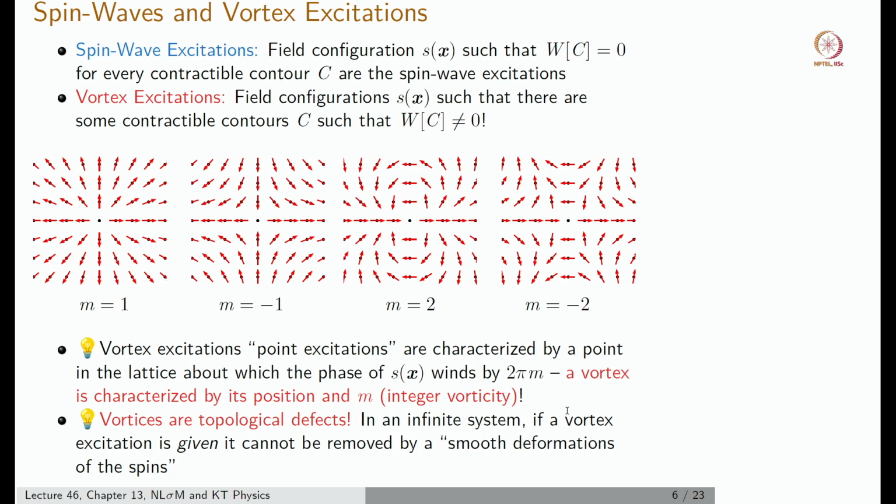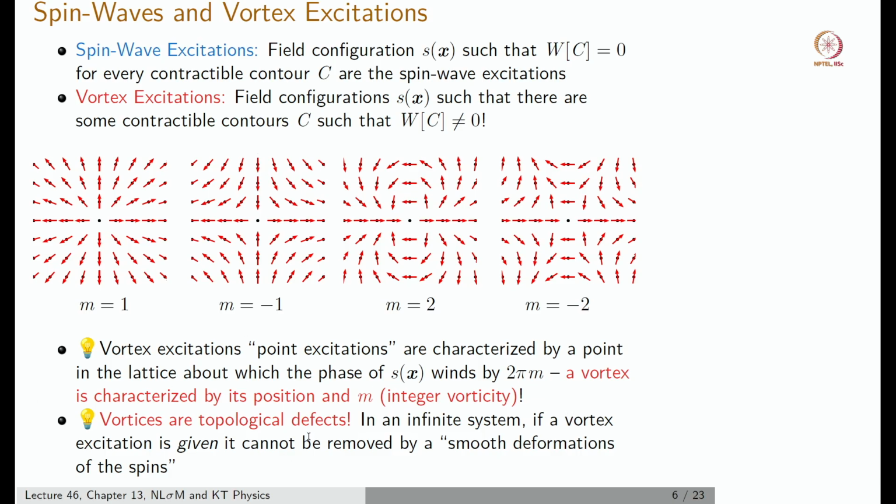You can move it from place to place. But if you want to remove the vortex, it will take you an infinite amount of time because you have to rearrange the spins all the way to infinity to get rid of this vortex. So in this sense, it's topological. If a vortex is there to start with, it can't be removed by nice smooth deformations of the spin.